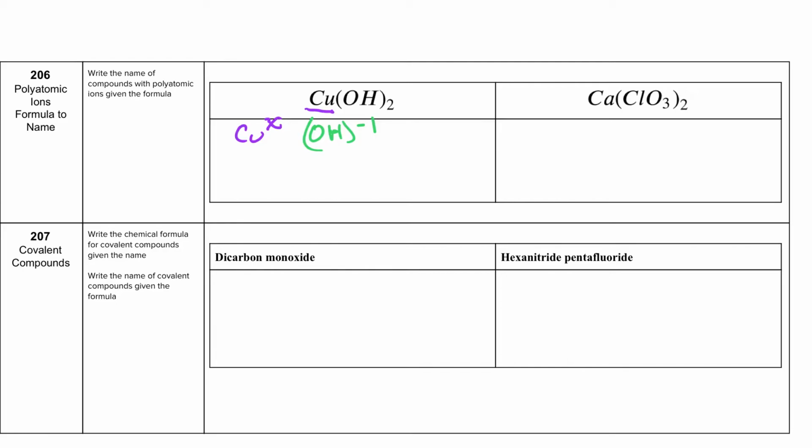So if we look at our formula, I crisscross this, and I'm left with Cu, and then that 1, so we don't write it, but I'm going to write it there, and then OH, and then X. Well, if we compare our formula, X is 2. Okay, so I know it's copper 2. So I'm going to write copper 2, and then that hydroxide ion: copper 2 hydroxide.